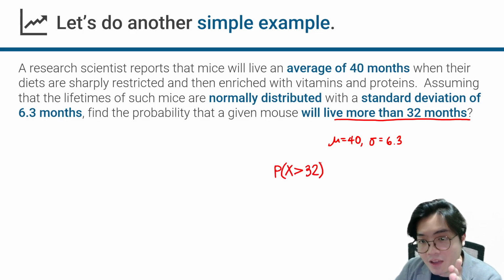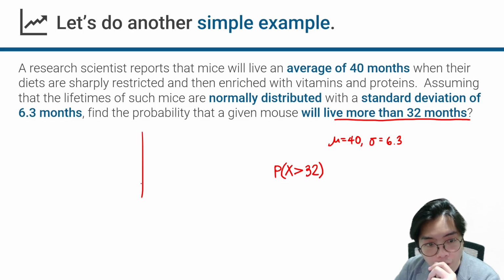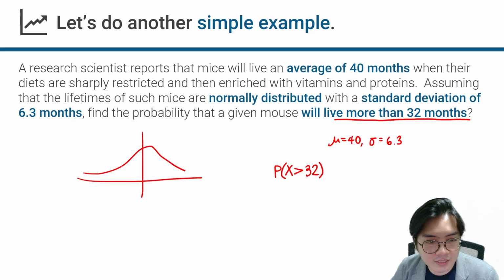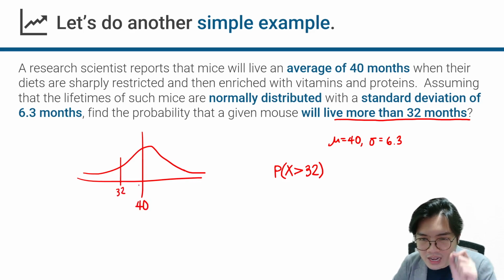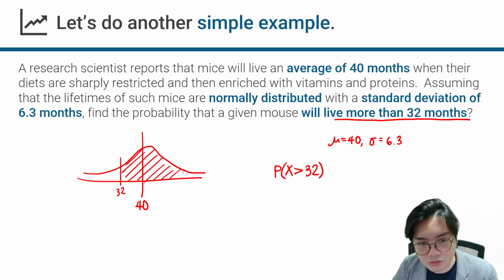Notice that the average is 40 months. So if we think of this as a normal distribution, 40 is here, which means 32 is here, and you are living more than 32 months. Oh, it's the same thing like this.